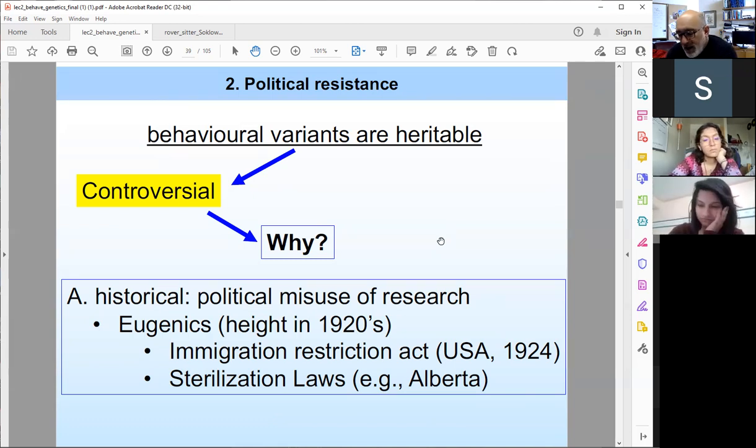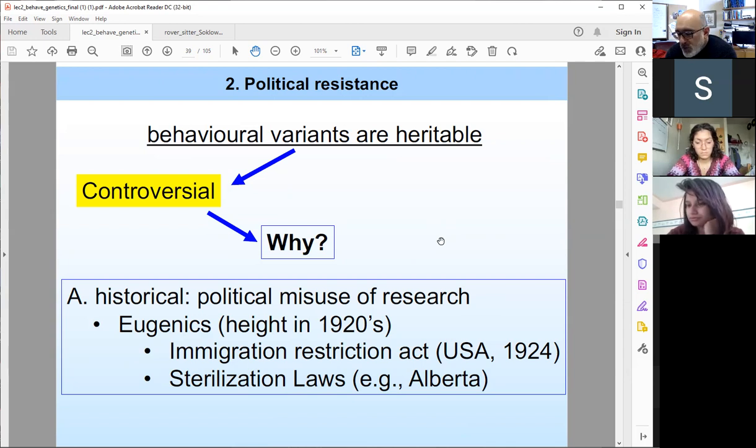And that is that a misunderstanding of what heritability means has in the past led to drastic things like eugenics. So what is eugenics? Eugenics is a policy in which evolutionary principles, like our understanding of heritability, are used to try to, quote unquote, improve the human race, right?